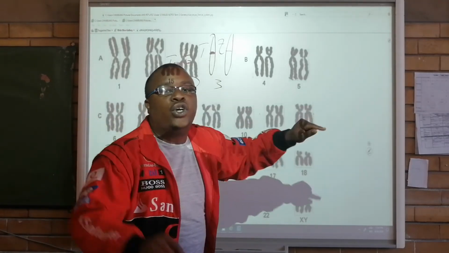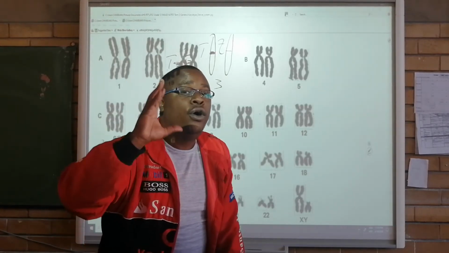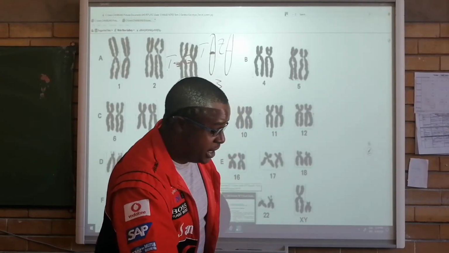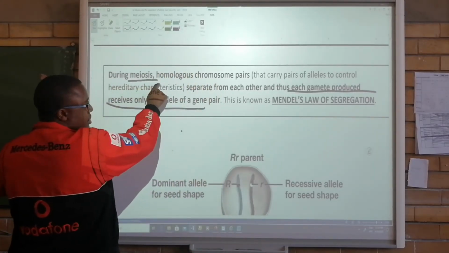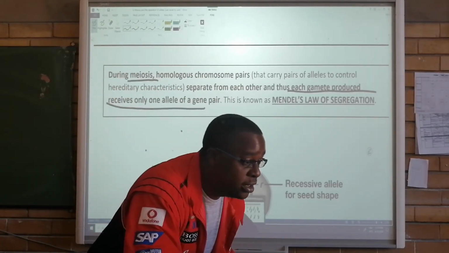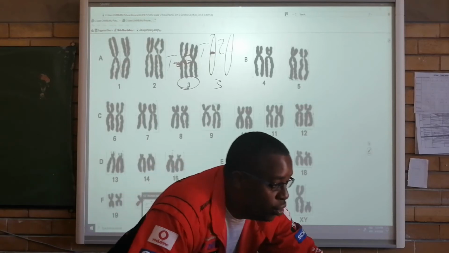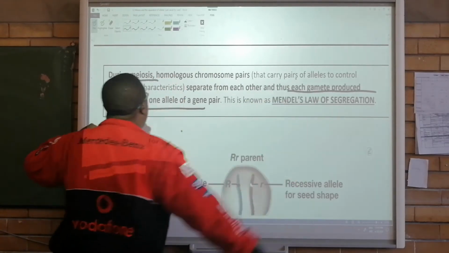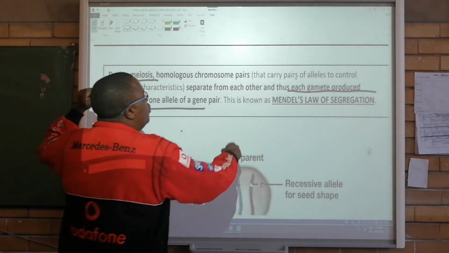This means that if you look at chromosome pair 3, carrying these alleles for height in pea plants, according to Mendel's law of segregation, during meiosis the homologous chromosome pairs, which are carrying pairs of alleles controlling the characteristic of height in pea plants, will separate.